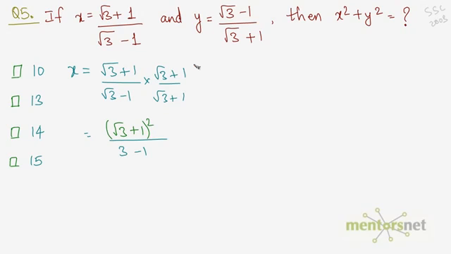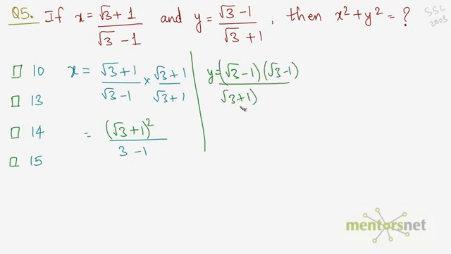Right. Let us simplify y. Here we'll multiply the numerator and denominator by root 3 minus 1. So y is equal to root 3 minus 1 times root 3 minus 1 upon root 3 plus 1 times root 3 minus 1. So the denominator will be root 3 whole square minus 1 square.